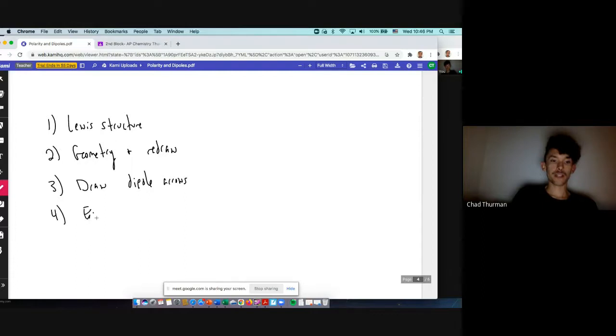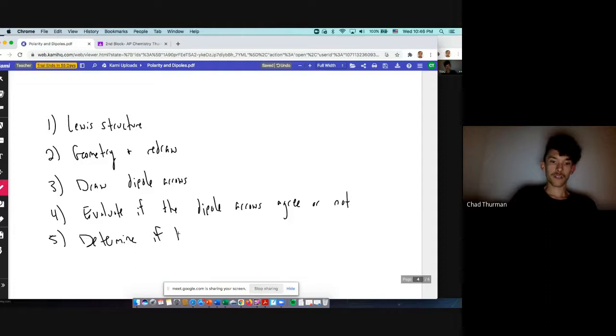Four, you need to evaluate if the dipole arrows agree or disagree. Five, determine if the molecule is thus polar or if it has polar regions. And finally, six, draw partial charges if necessary.